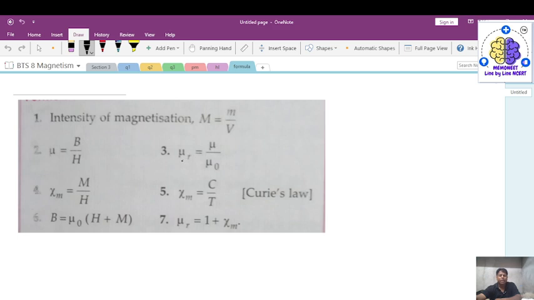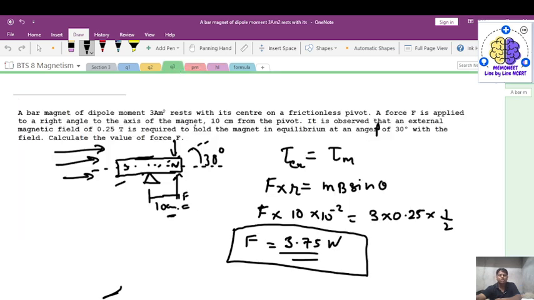Mu r is relative permeability, that is mu upon mu naught. Susceptibility is M upon H. Susceptibility is also C upon T. We will see what Curie's law is. Then B is equal to mu naught into (H plus M), and mu r is equal to 1 plus Xi. If you remember these formulae, it will be sufficient for you to solve the numericals and questions.